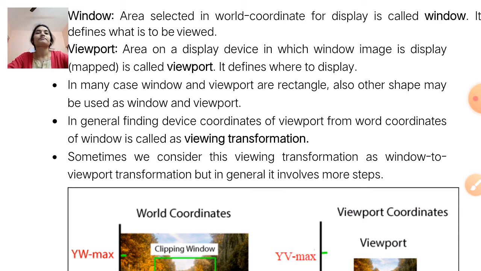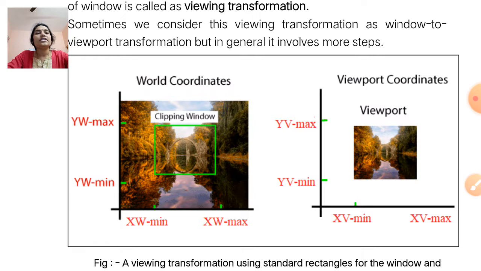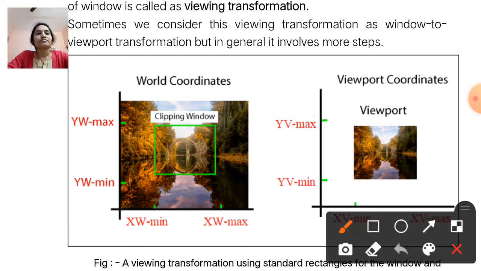For example, in this figure, this picture is your world coordinate. But in this picture we only clip out this portion, and this portion we clipped and display in another device.